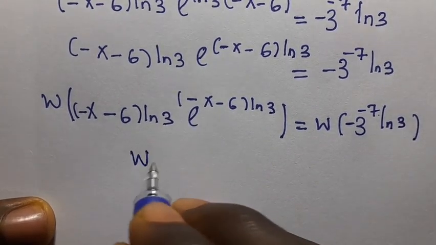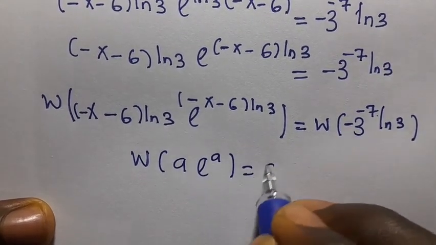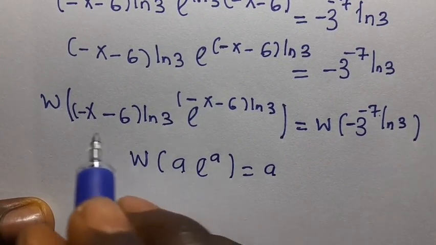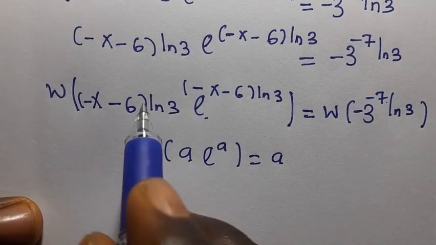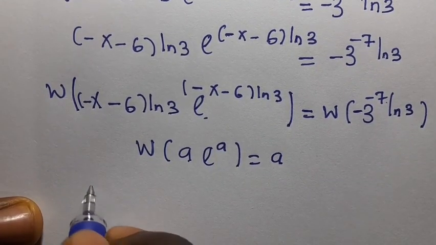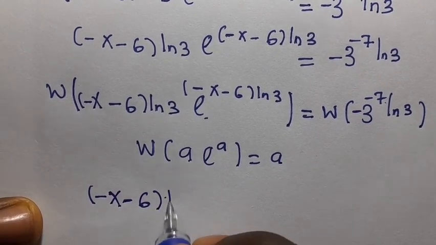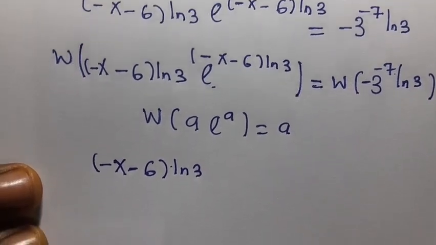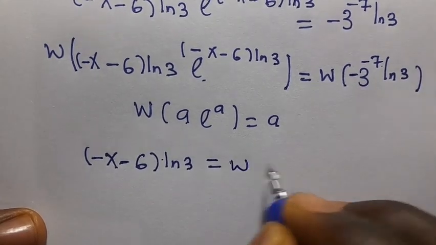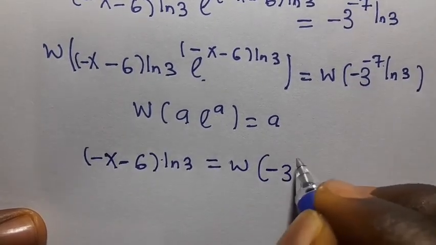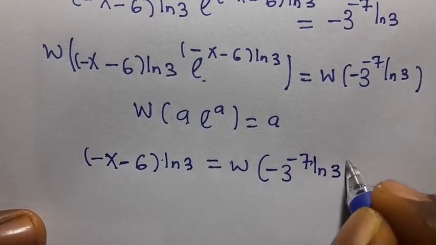Now, when we apply the expression of Wolf alpha function, because they have the same base, the same power, the left hand side equals, taking the base, minus x minus 6 ln 3 will now be equals the right hand side w of minus 3 raised to power minus 7 ln 3.